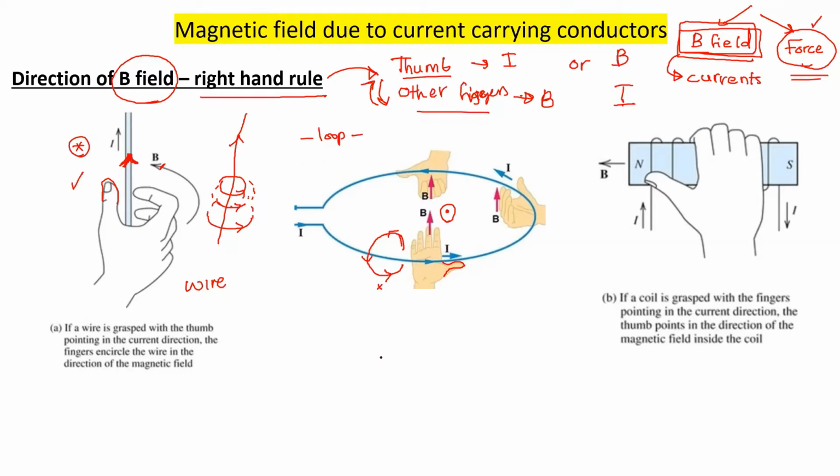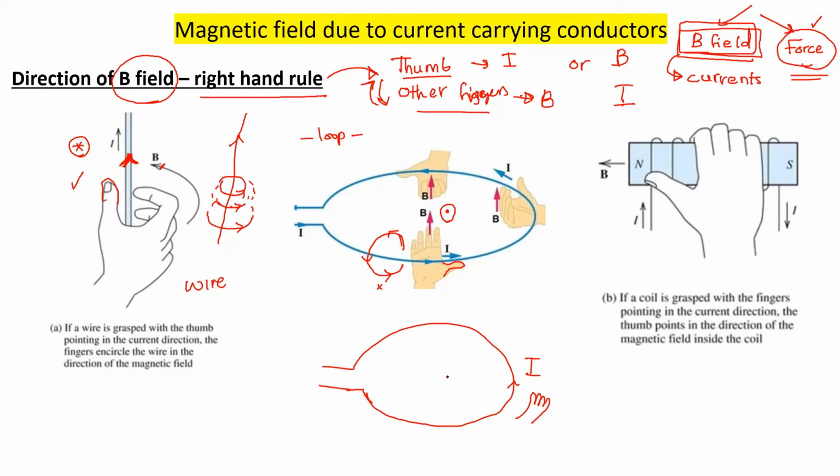Very inconvenient, right? So another way, the easy way to do this is, so this is current. Curl your fingers, use the other four fingers, do this. So curl your fingers around the current. I'm using my other four fingers along the direction of current.